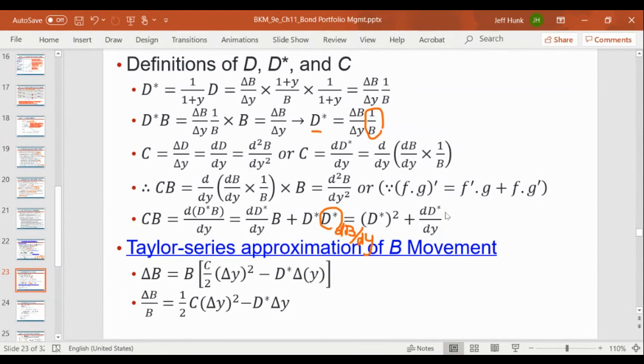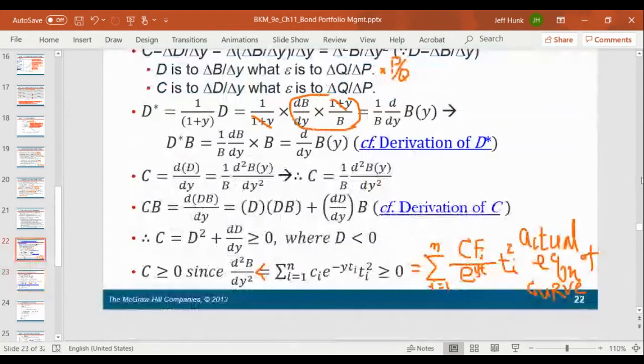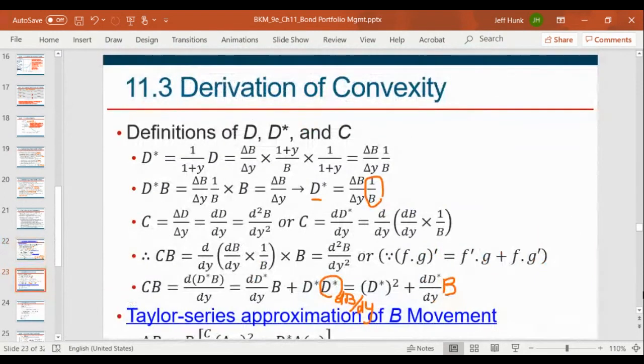So I think I will still need B here. That was what the original had, yeah, that should be there.